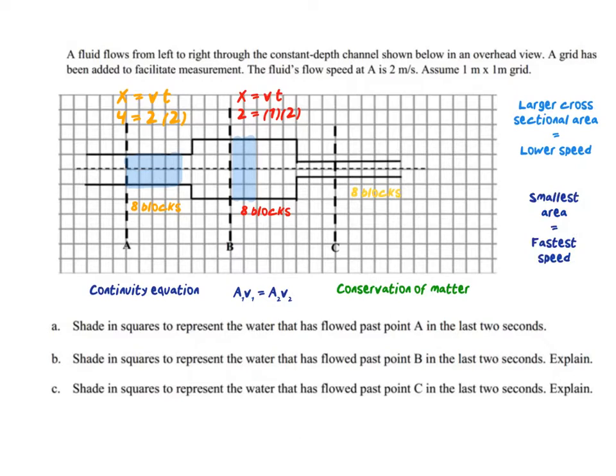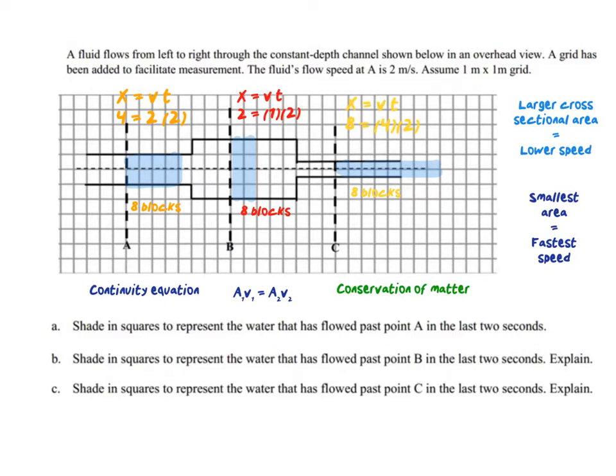So I should still color in 8 blocks. So we're going to do 1, 2, 3, 4, 5, 6, 7, 8. And then I'll just shade in the whole region. Okay, so that would mean that it's moving at 4 meters per second. If that's in 2 seconds and there's 8 blocks, then that means it was traveling at 4 meters per second.